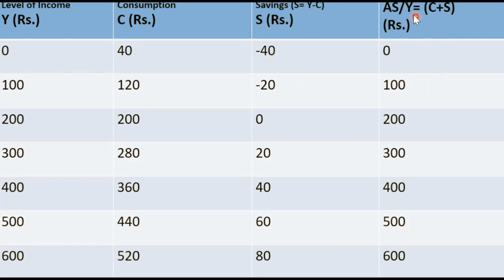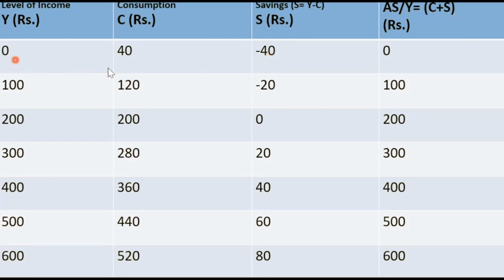And this factor income is used for two purposes: either for consumption, and the excess of the income over consumption is saved. And that's why we say income is equal to C plus S. And income is equal to what? Aggregate supply, isn't it? So for calculating saving, we can use the formula Y minus C.